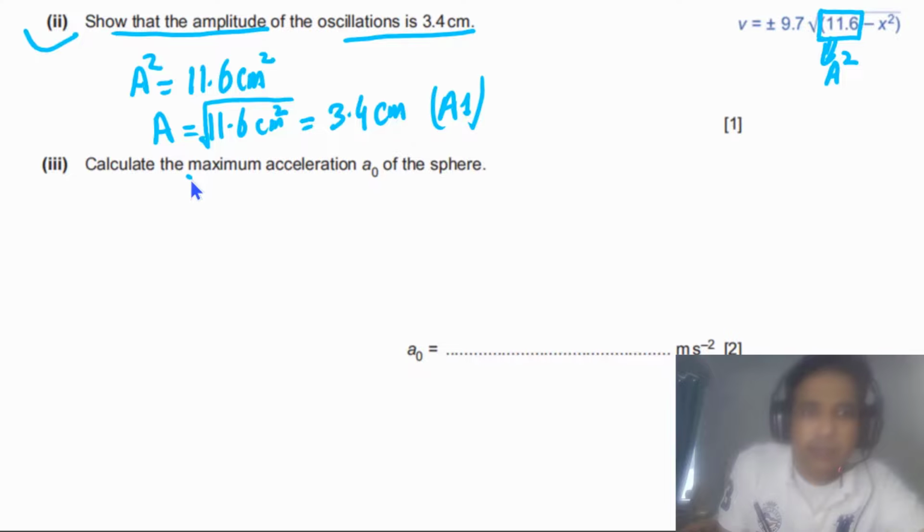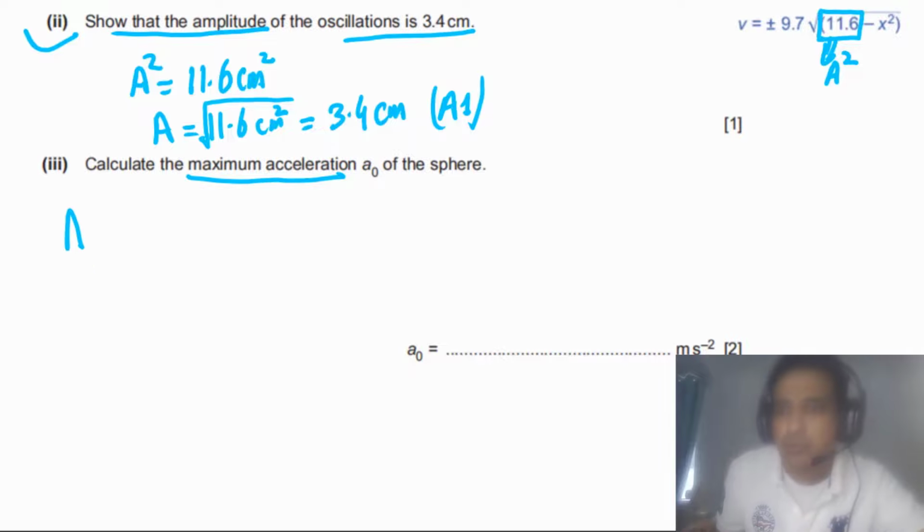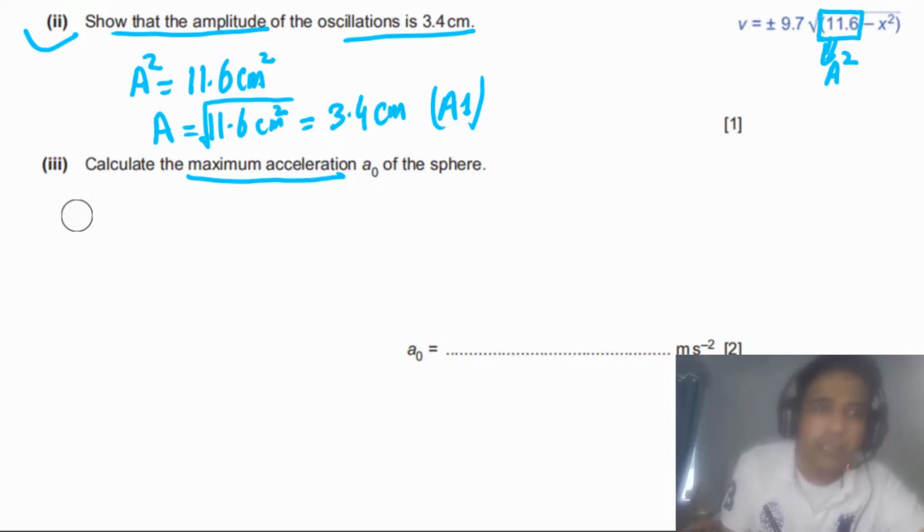For the next part, we need to calculate the maximum acceleration of the sphere. So let me use different letter for that. As it is given in the question, maximum acceleration is a naught. This one has to be equal to the amplitude of oscillation, meaning the maximum displacement, times the angular frequency square. We also have negative sign here.